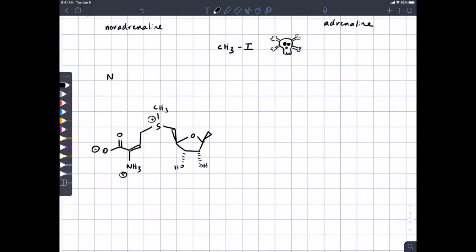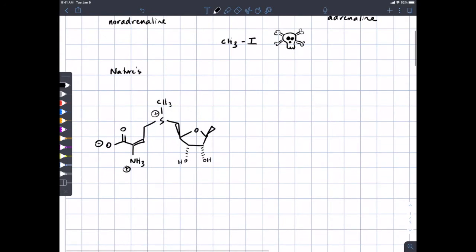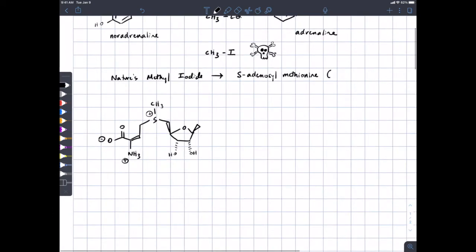Instead, nature's methyl iodide, one of them, there are actually multiple ways that nature uses to install methyl groups. But nature's methyl iodide is this thing called S-adenosyl methionine, or SAM. You're going to find in biochemistry and in cell biology that there are biomolecules with names that if we named all of the bonds in them would be way too complicated.